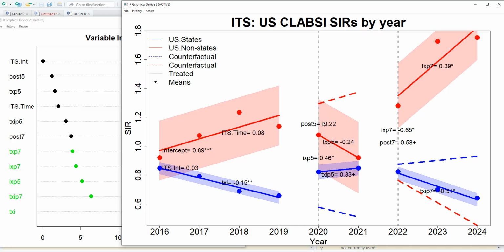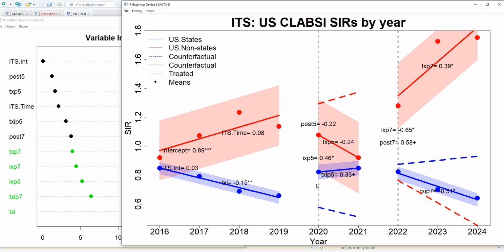So the difference between the two would represent that negative 0.22. And for IXP5, that would represent again a difference, the difference between where the blue line touches 2020 and where the blue dashed line is.